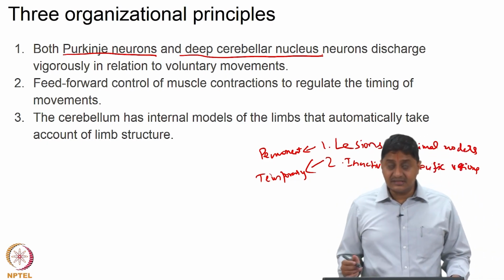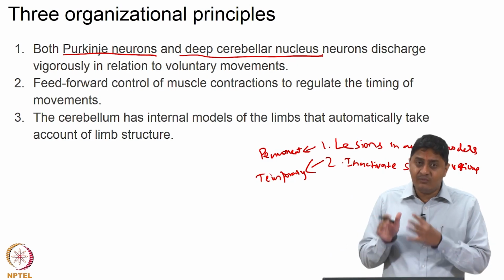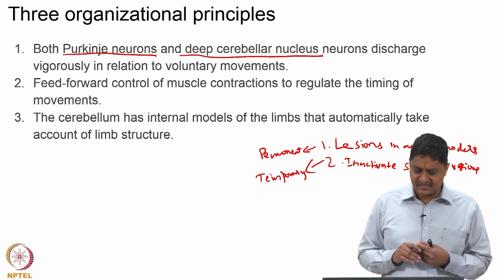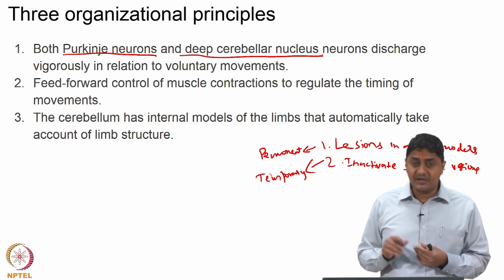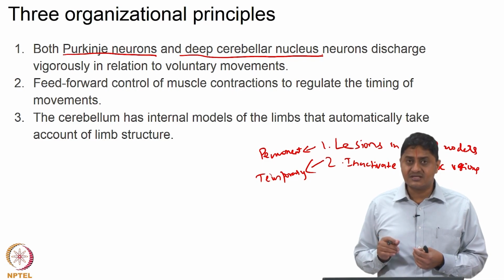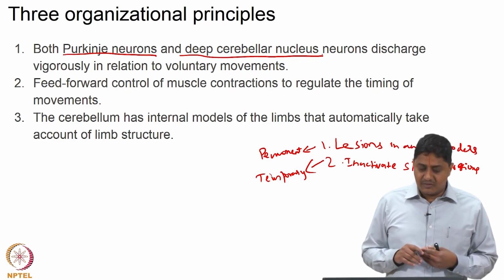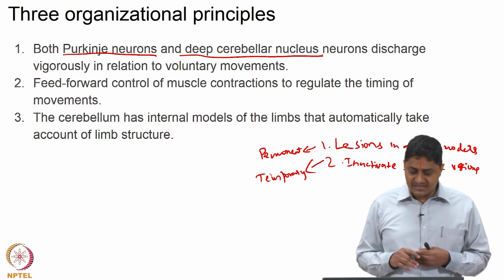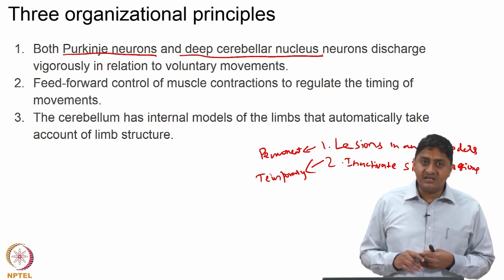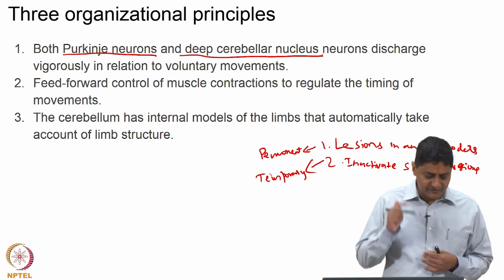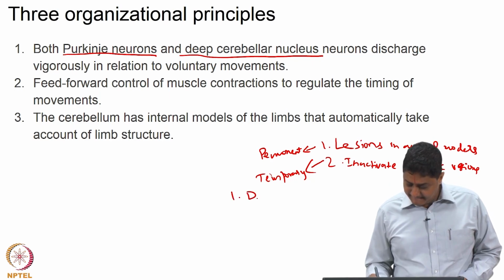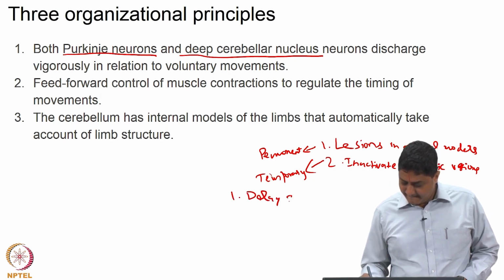It turns out that when voluntary movements are happening, or just before voluntary movements are happening, Purkinje neurons and deep cerebellar nuclei neurons manifest activity that resembles the activity in the motor cortex in at least two different ways. First is that the delay is similar to motor cortex.